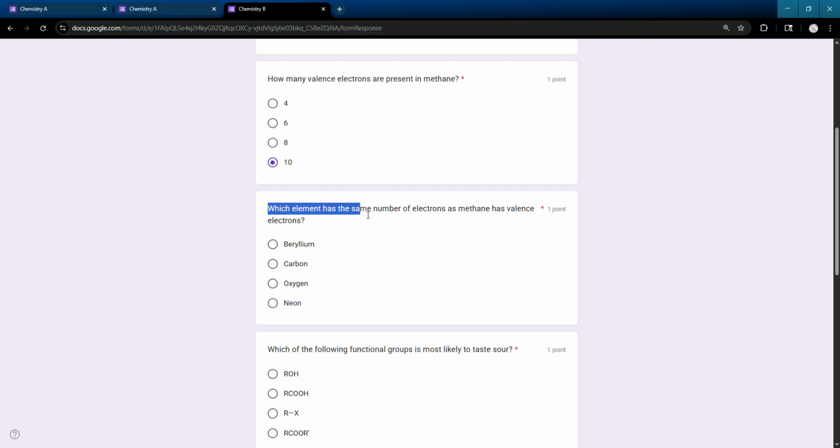Which element has the same number of electrons as methane has valence electrons? Methane, so 10. Carbon, oxygen, I'm not sure which one has 10.